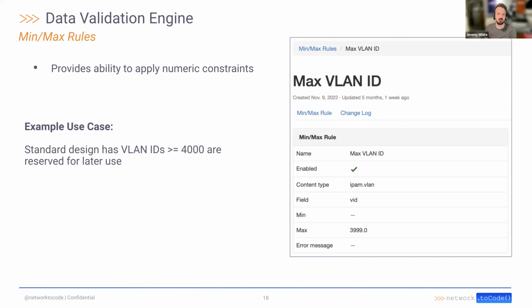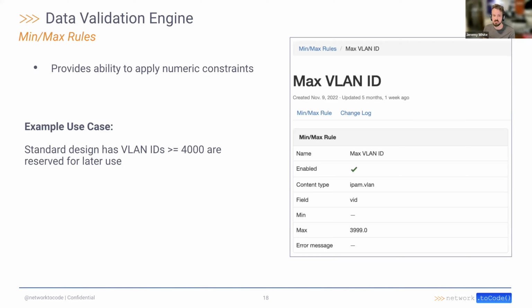That's not a native validation as part of the VLAN ID on the VLAN object inside of Nautobot. And by leveraging data validation engine with min-max rules, we're able to apply our custom business logic and our design logic onto any model and any field on the model inside of Nautobot.